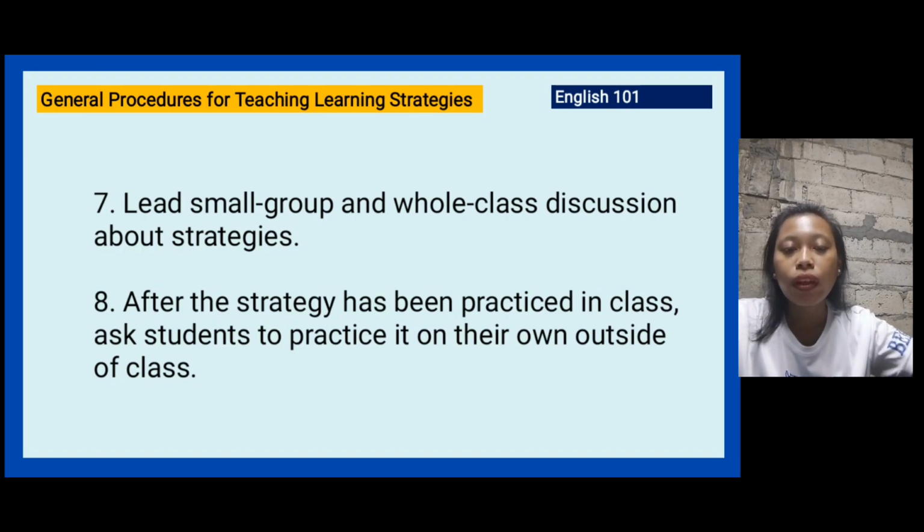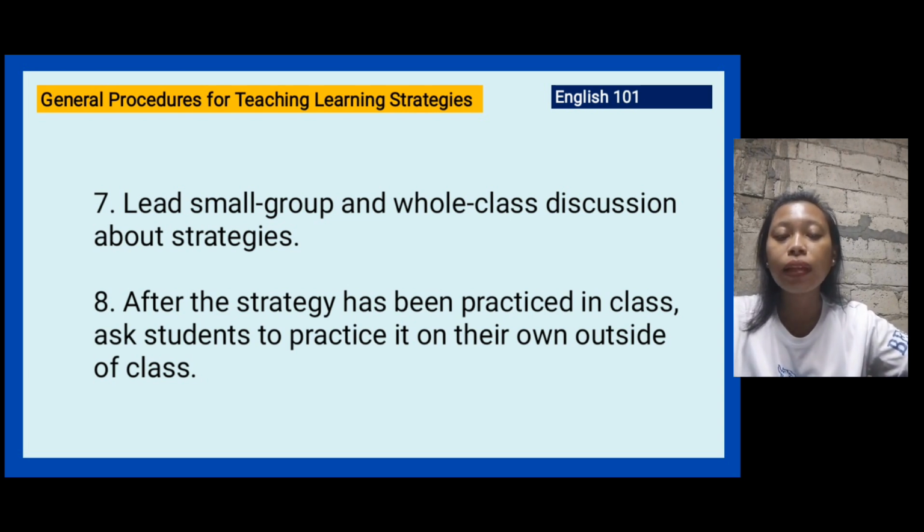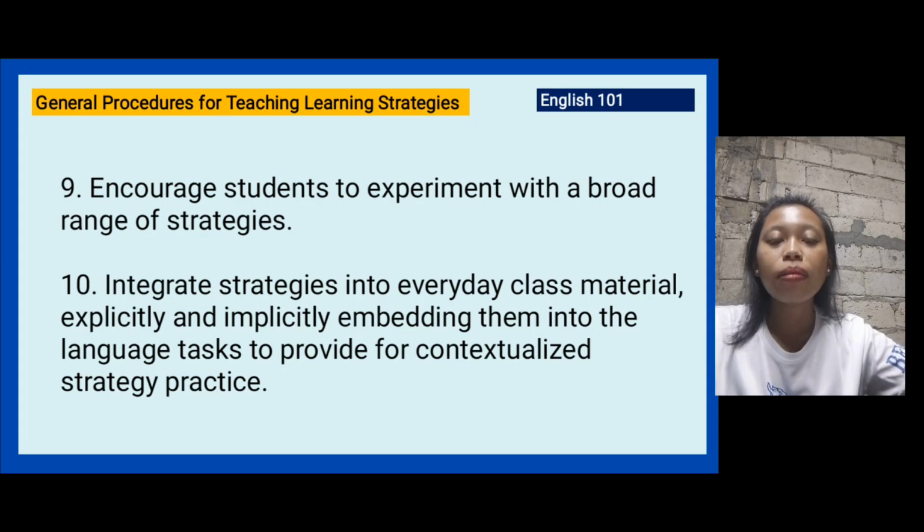In here, you have to encourage students to keep using the strategy in real life situations to make it a habit. Why? This builds self-discipline and helps students apply what they learned in real context. And number 9, encourage students to experiment with a broad range of strategies.